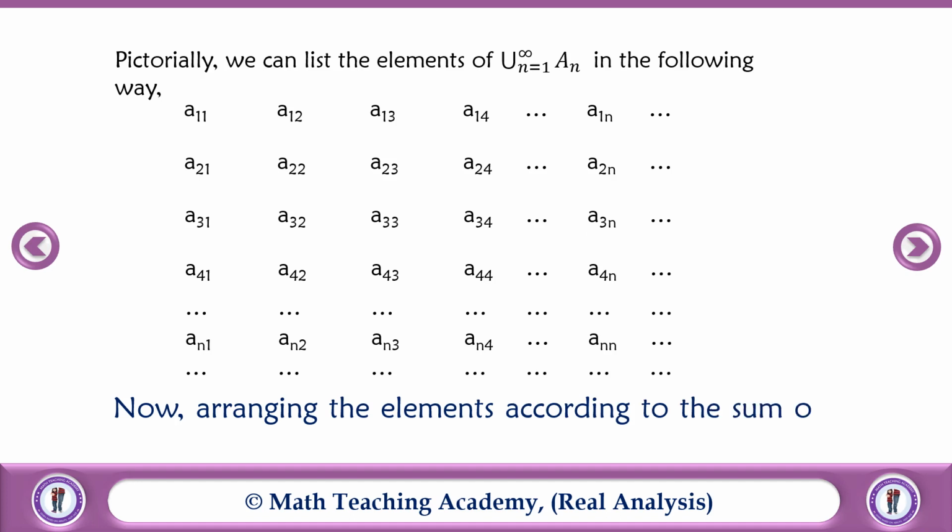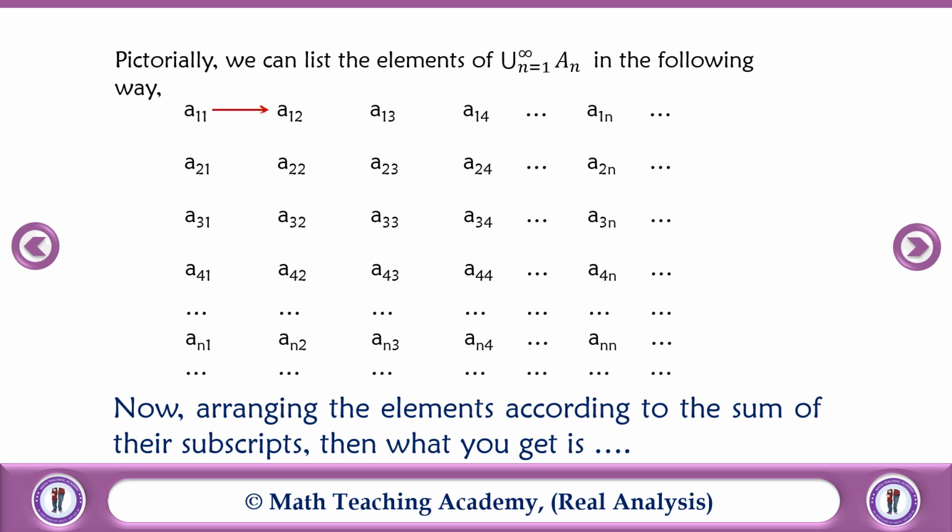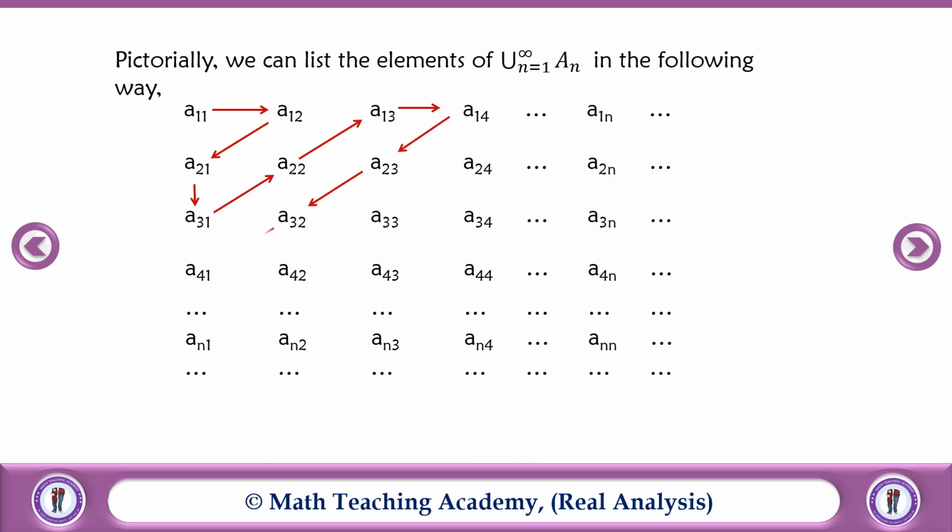Now, arranging the elements according to the sum of their subscripts, what you get is A11 as the first element, and then A12, and then A21, and then A31, and then A22, and then A13, then A14, then A23, then A32, then A41, and so on.